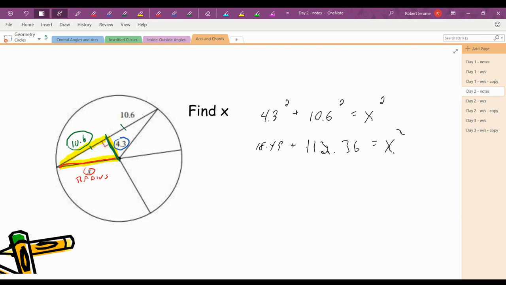So we're going to take our 112.36, add 18.49. That gives us 130.85. Let me see if I can fix that. 130.85 equals x squared. And now, of course, we want to square root it.